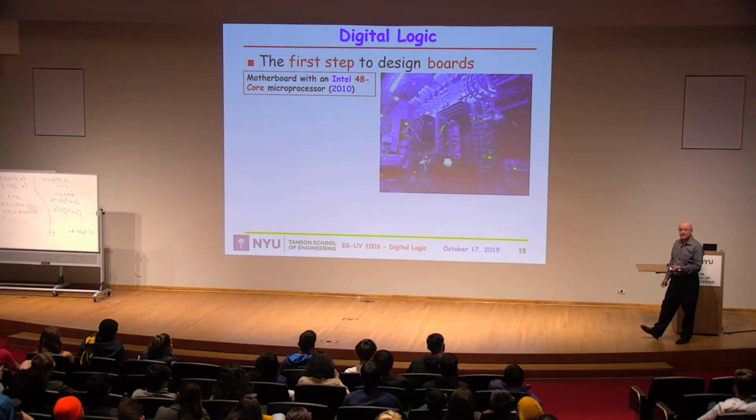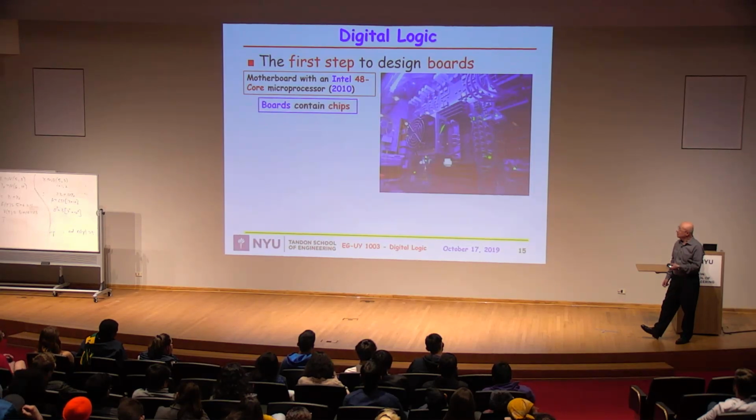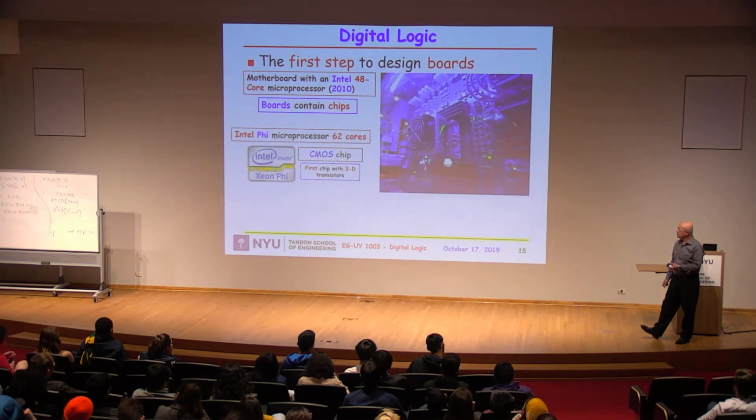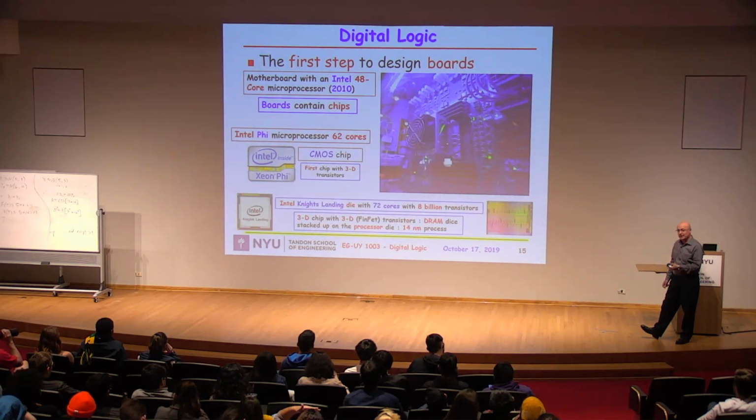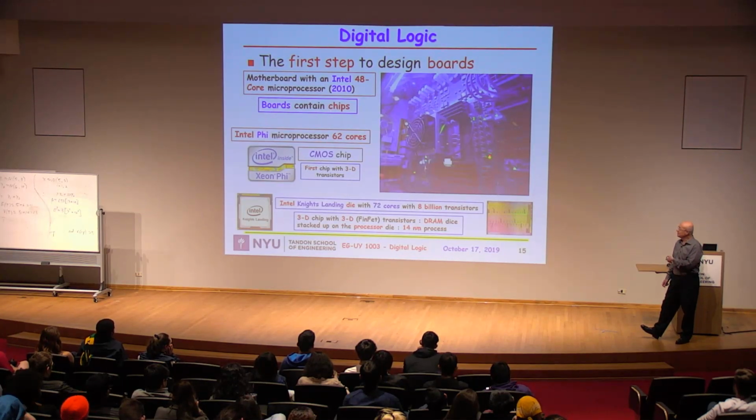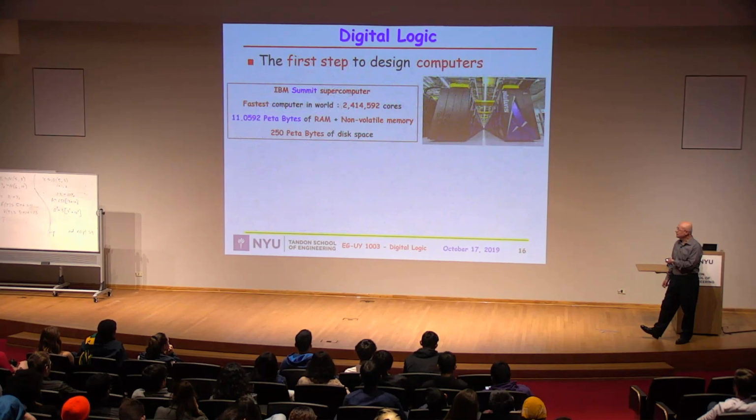With digital logic, everybody, you are on your way to design computers and computer boards. So here is a board with a couple of interesting chips. They are from Intel. And so Intel microprocessors have typically 8 to 10 billion transistors. So everybody, we simply say board, but you know it as the motherboard. So in general, they are boards. And computers like this one, everybody, this is the fastest computer in the world from IBM with more than 2 million cores.